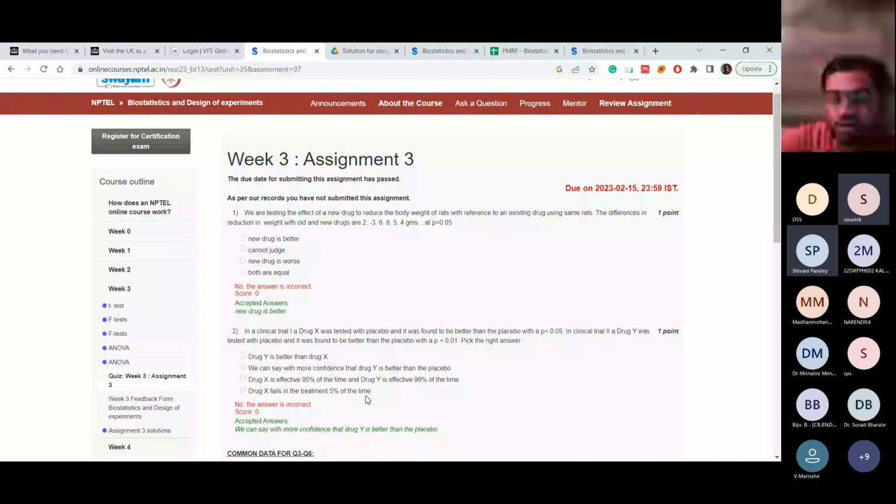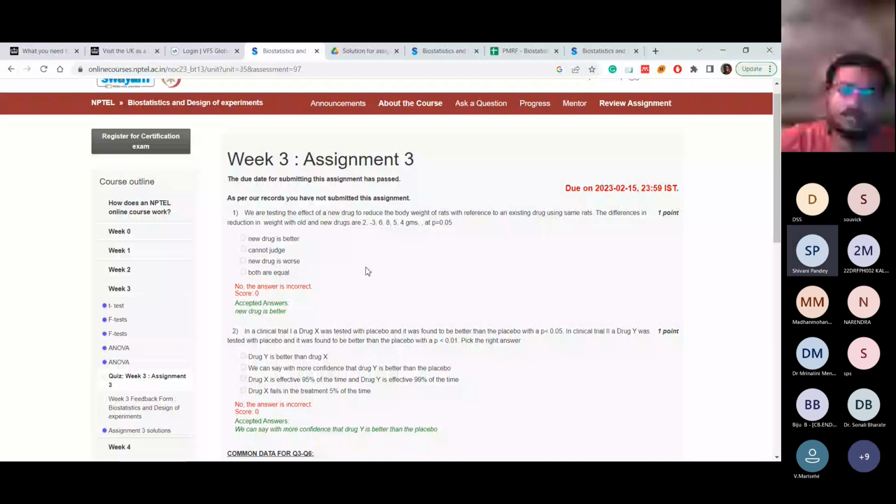You don't need to calculate either test. You only see both are equal, because in this question it is saying p value is given. So if you see that there is a p value, on the basis of p value you can't judge the drug's quality. So you only need to write that both are equal.